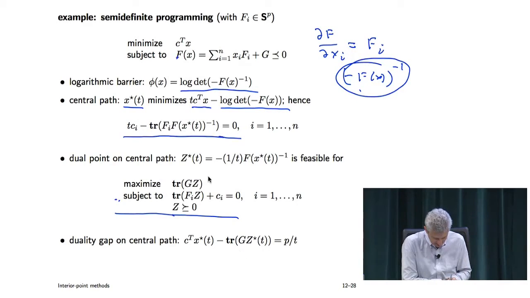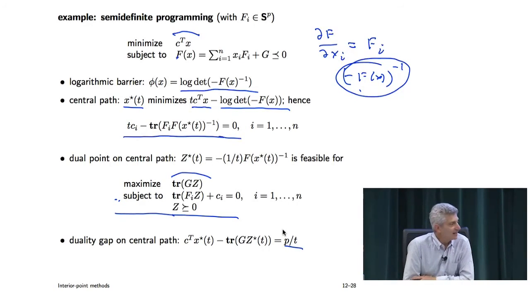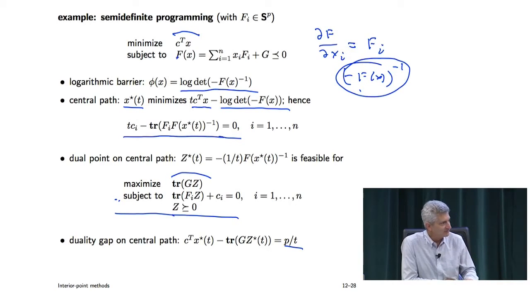That's the dual objective, that's the primal objective. You subtract them, and that gives you the duality gap, and using this formula it turns out to be p over t, where p is the size of the LMI, right? So that's it. This stuff has been well known for maybe 15 or 20 years now. But 20 years ago, not that many people knew about this kind of stuff.